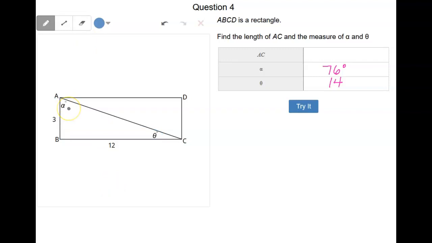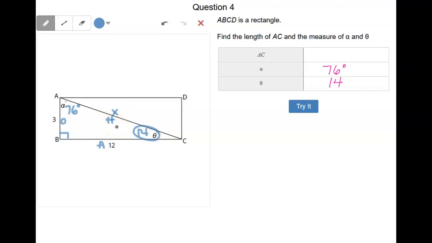This is 14. This is 76, and we know that this is our right angle. So we're going to use this one again. So we have our opposite, we have our adjacent, and we have our hypotenuse, which I'm going to call x because that's our unknown. I have to use the hypotenuse in my function because that's the one I'm looking for.